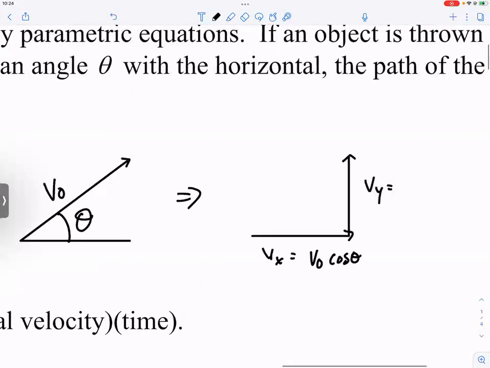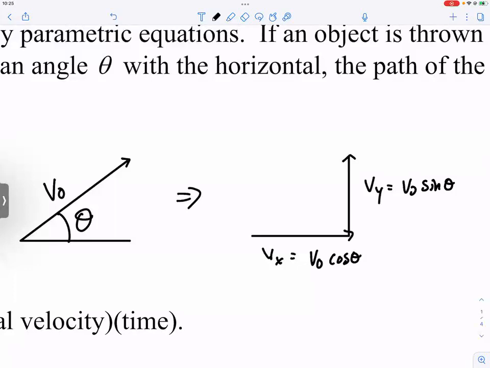And your Y value will be hypotenuse times sine theta. So we split the initial velocity into the two components, Vx and Vy, and that's how we have V0 cosine theta for Vx and V0 sine theta for Vy.